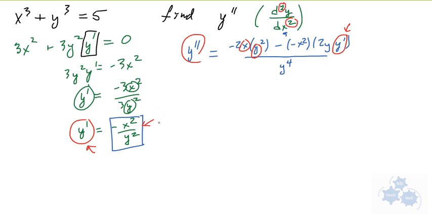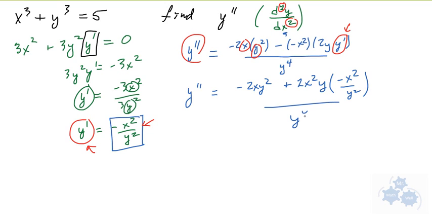So let's substitute. So we're on our way here. It's going to be negative 2xy squared. I'll get rid of some brackets here. It's going to be plus 2x squared y. And now we're going to put in negative x squared over y squared. And that's all over y to the fourth.